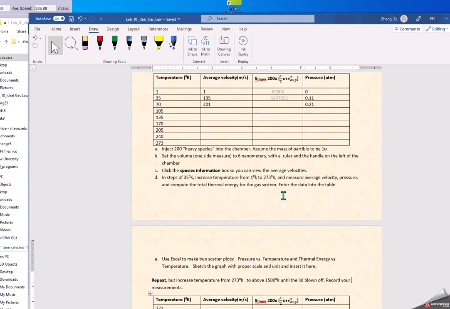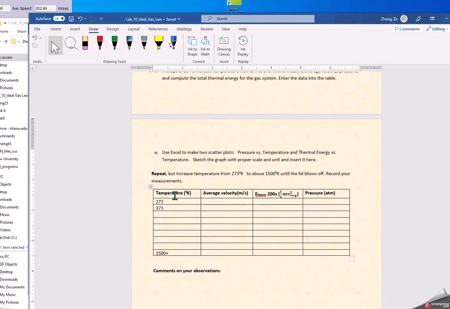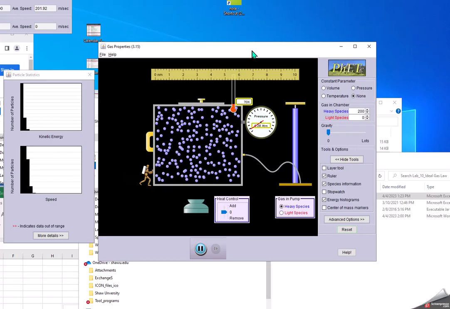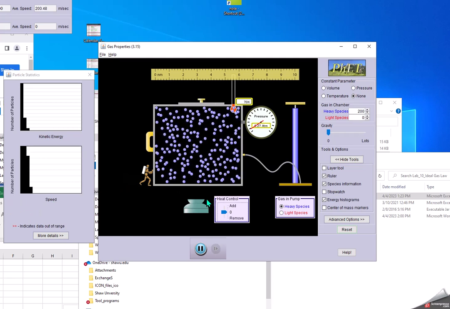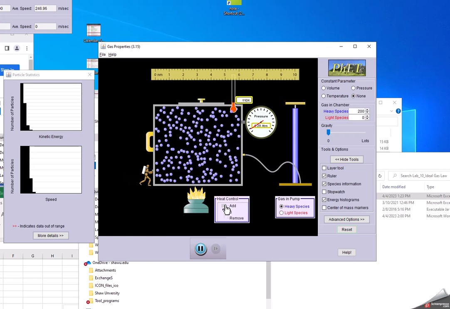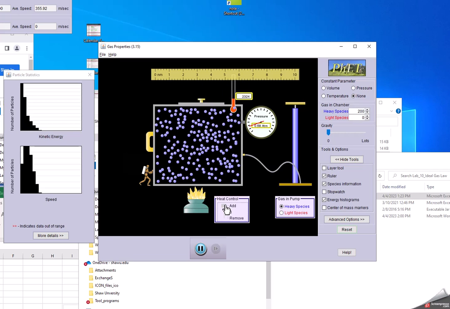See, we only went up to 270 degrees, and you continue from 270 all the way, doing the same thing and continuing this table, until you see, when you have very high pressure, let me go back. So you stopped at 273, now you continue this and keep increasing the temperature. Okay, and do the same thing on the second table, which is basically the upper range of temperature.